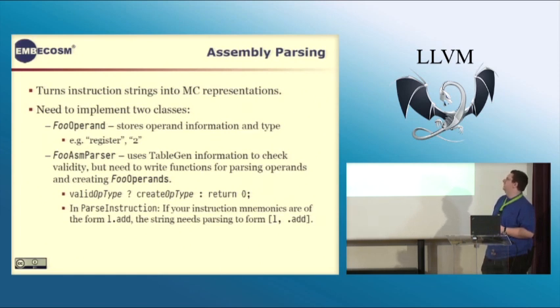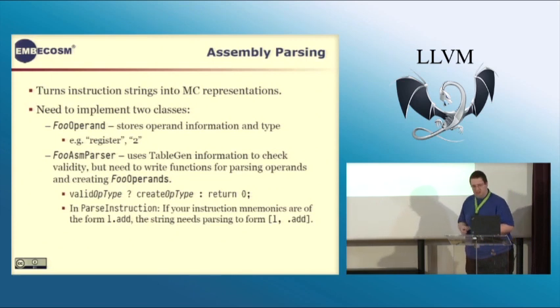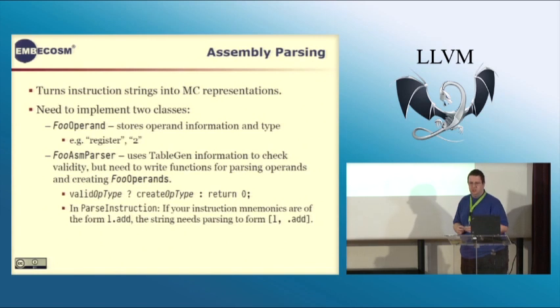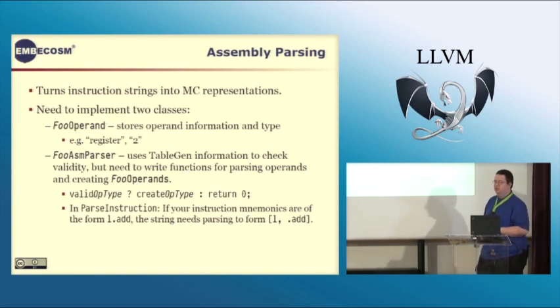If so, create it. If not, try something else or return 0 to say something's gone wrong. To assist with that, we need a structure called ArcOperand, which stores the information you'll probably want to know, such as this operand is a register and it is the second register.